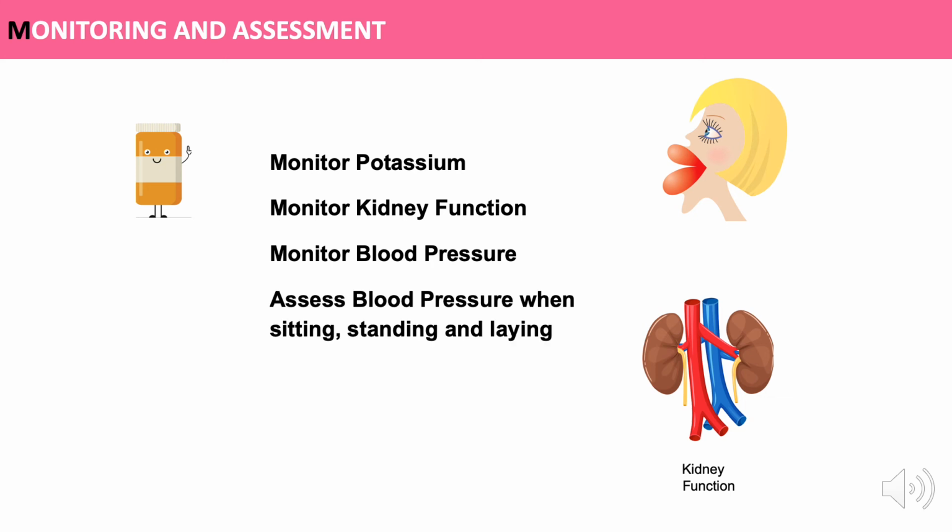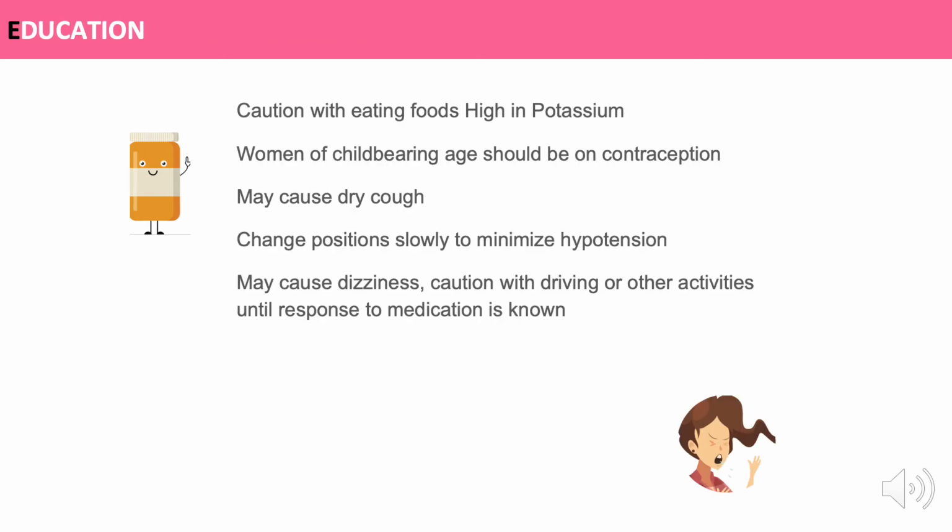And then you want to assess the blood pressure at different positions as well to avoid hypotension. And you want to be careful when you're adding another blood pressure medication, or when the dose is being increased. So you want to assess that hypotensive effect that can occur.